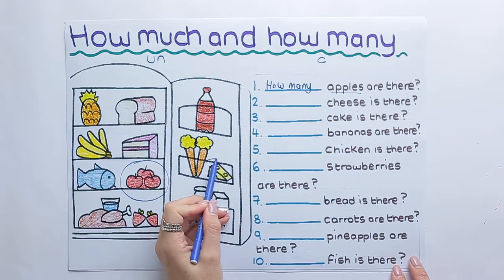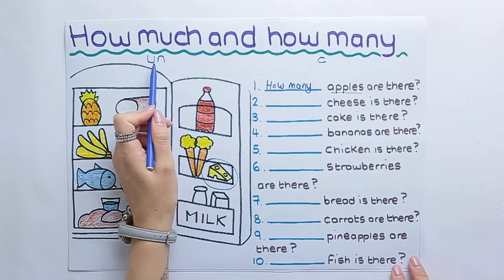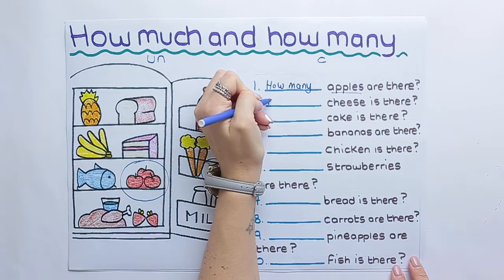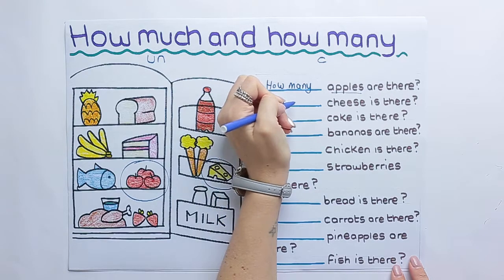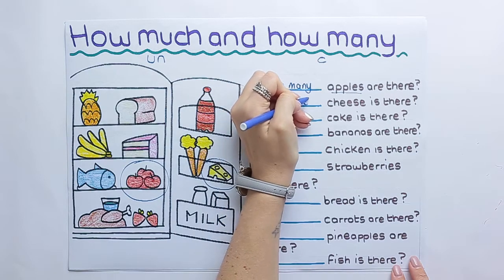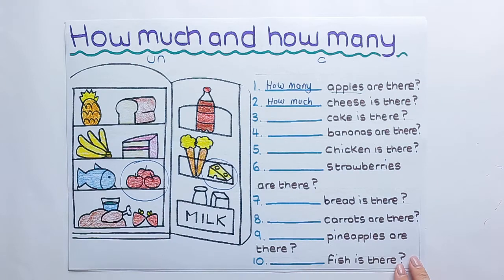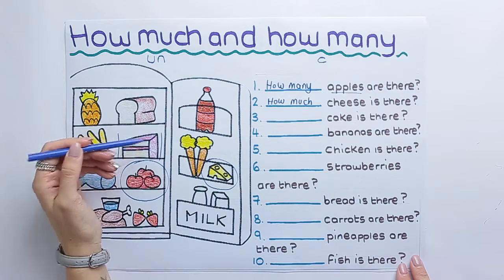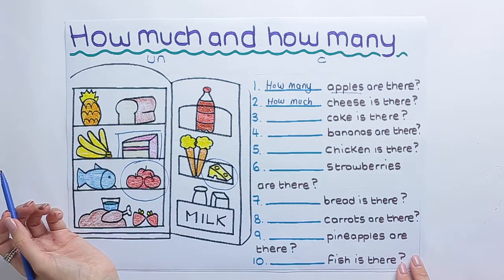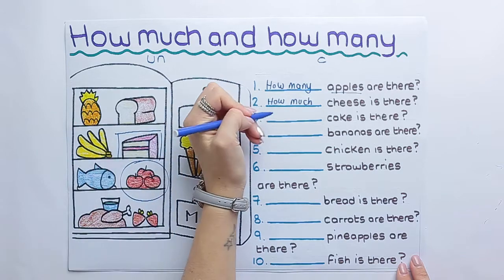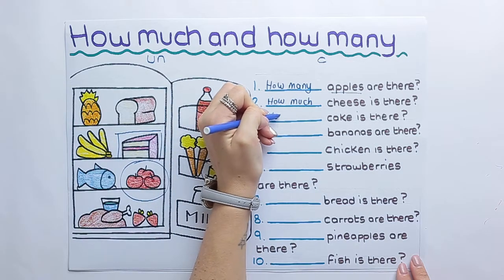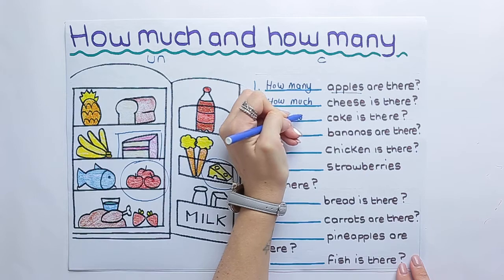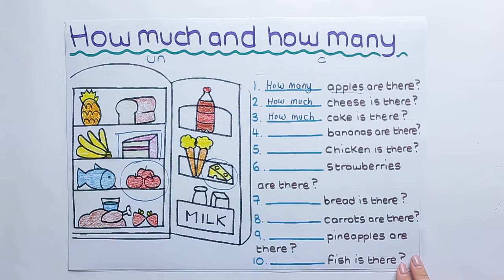Can you count cheese? No, it is uncountable. So you say how much cheese is there. Number 3. Cake is there. Cake. Is cake countable or uncountable? Yes, you are correct. It is uncountable. How much cake is there?